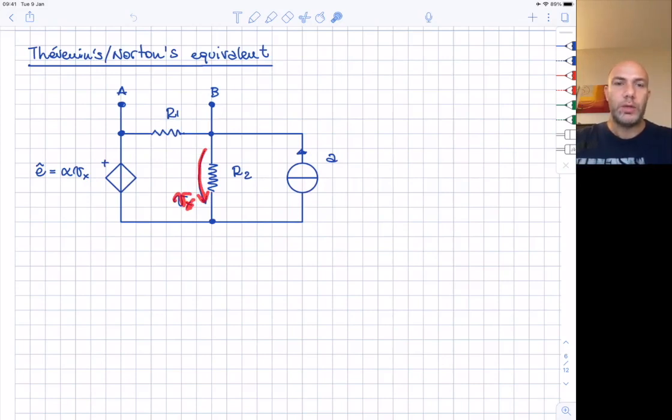If this controlling variable is in another place of the circuit, maybe here, for example, in the part of the circuit that is connected at the terminals A and B, the equivalent circuit with Norton's or Thevenin's two-terminal component is not possible.